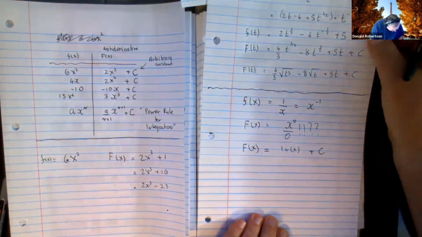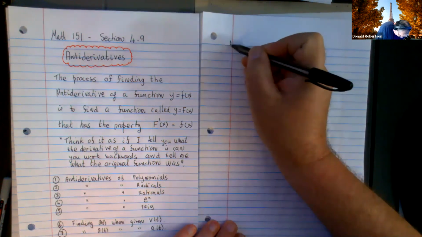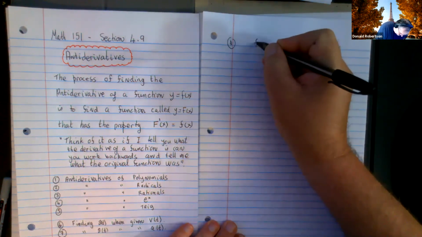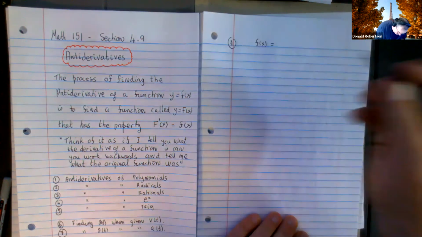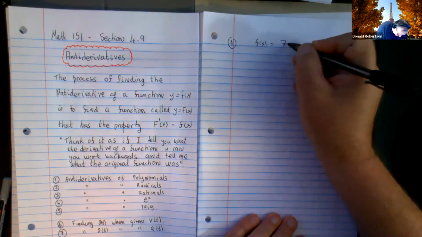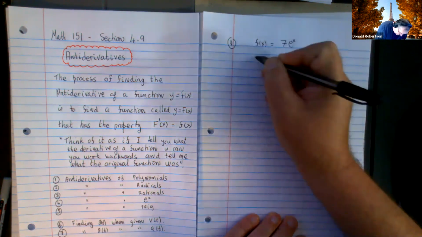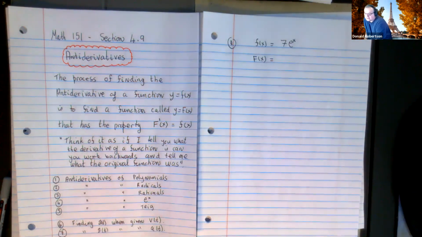Okay, I don't want to waste our time, so I want to keep going. Let's do exponentials. In particular, let's do e to the x first. I love e to the x. In calculus, e to the x is your friend.